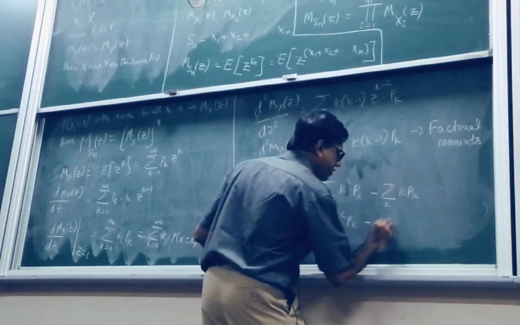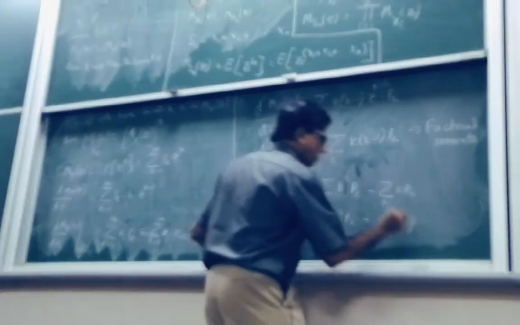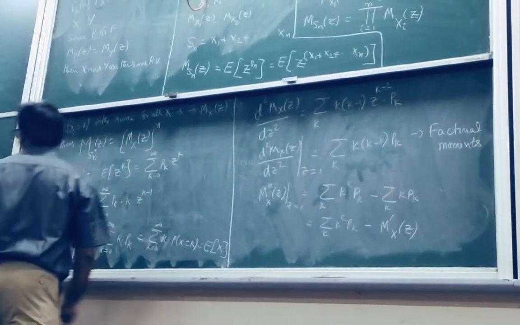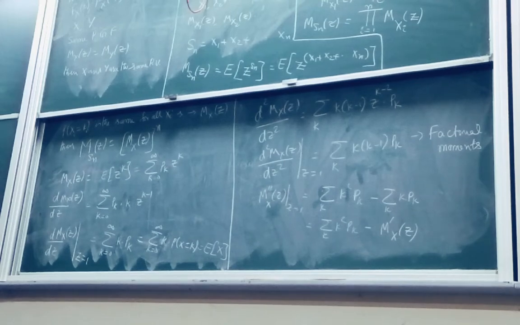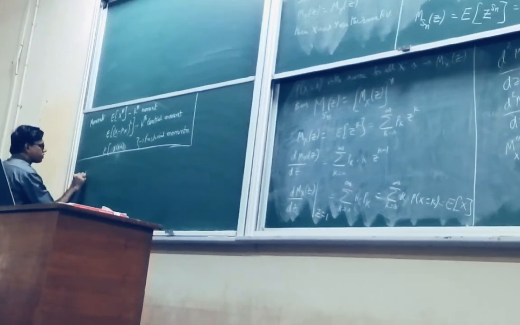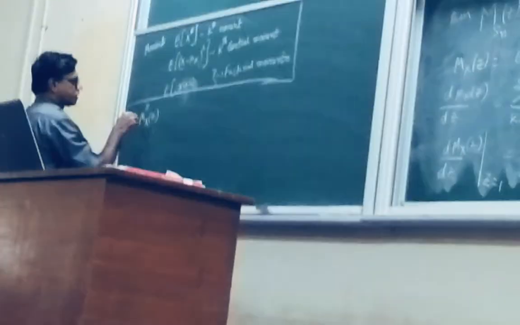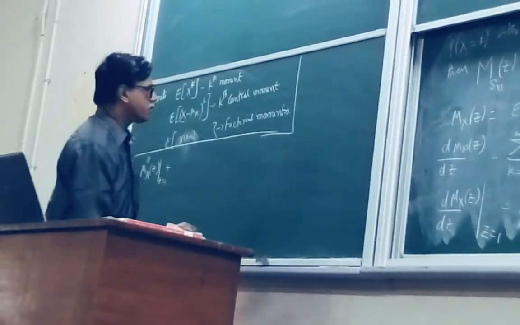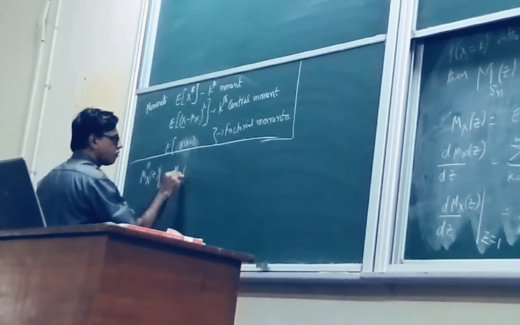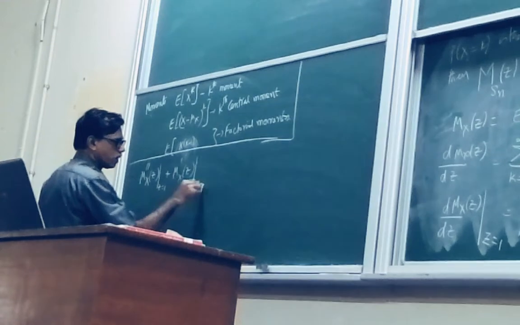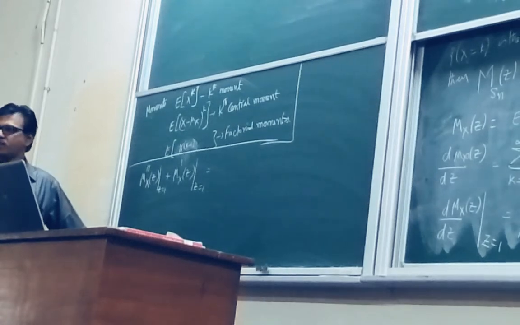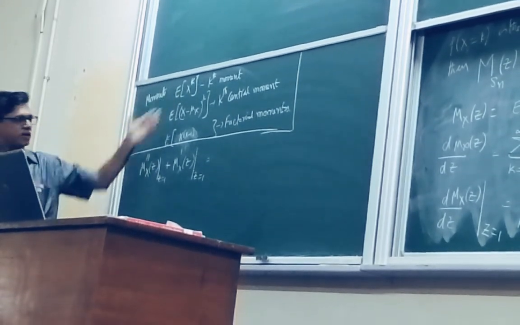So in terms of that, I will write what we get. What we can do is mx of z double dash at z equal to 1 plus, if I take this to the other side, mx of z single dash at z equal to 1 gives me the second moment. So if you want to get this factorial moment, it is by direct differentiation, but if you are interested in the first moment and second moment, we have to do this step.